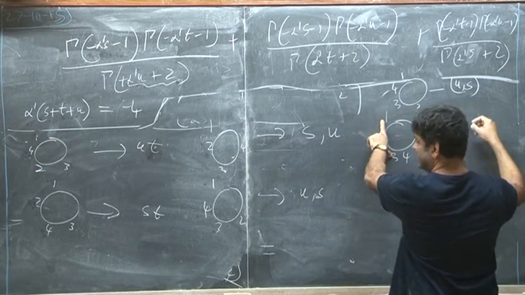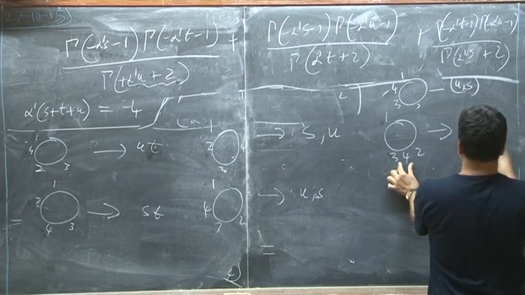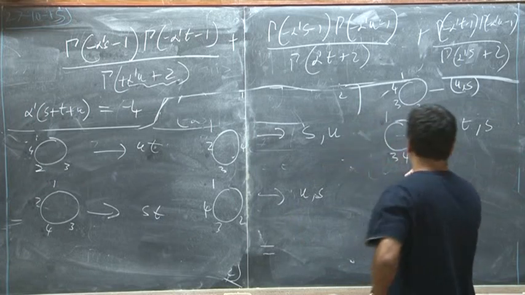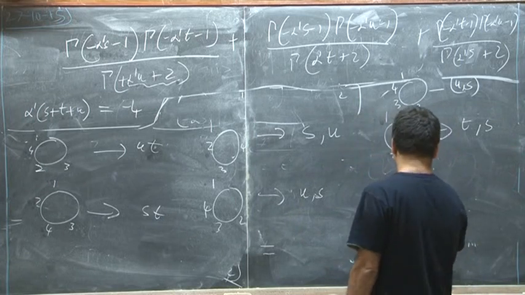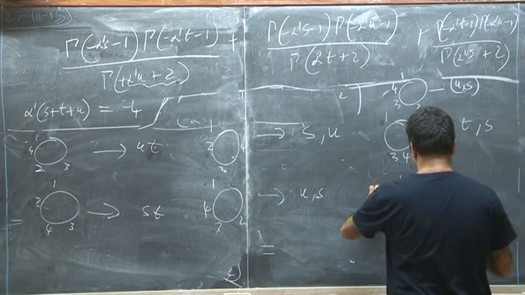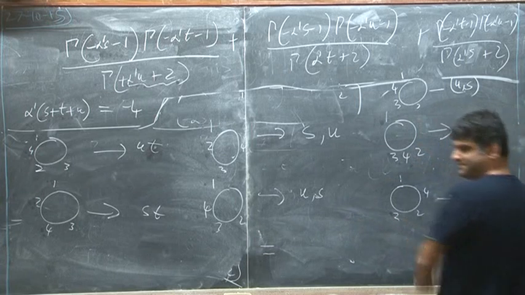This gives us a T and gives us an S. Excellent. And we have 1, 3, 2, 4. This gives us P and a U.